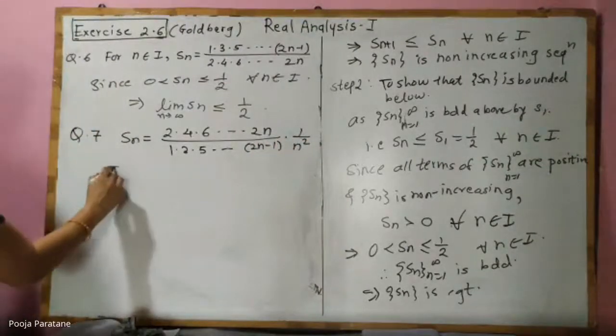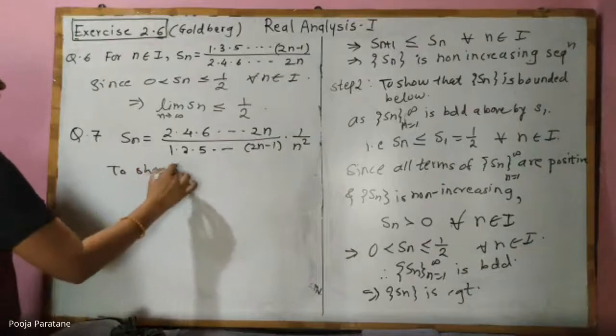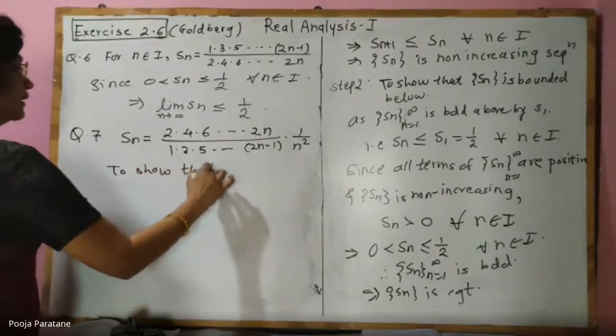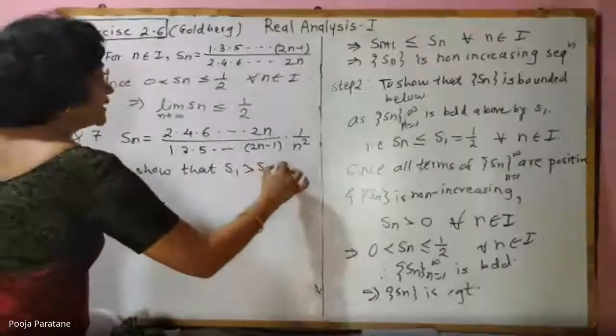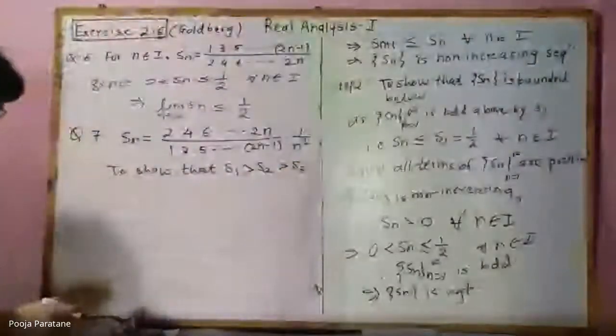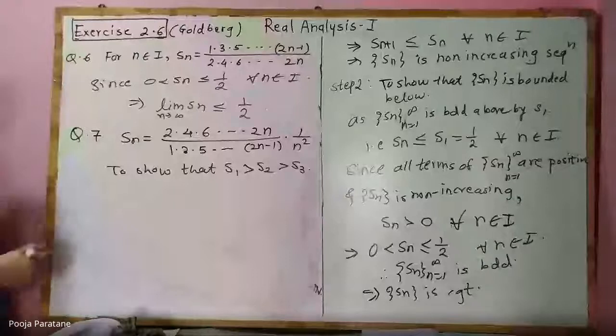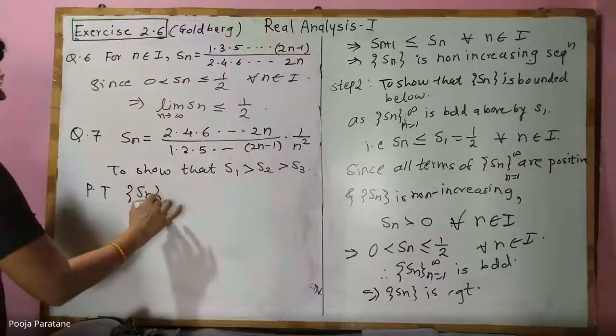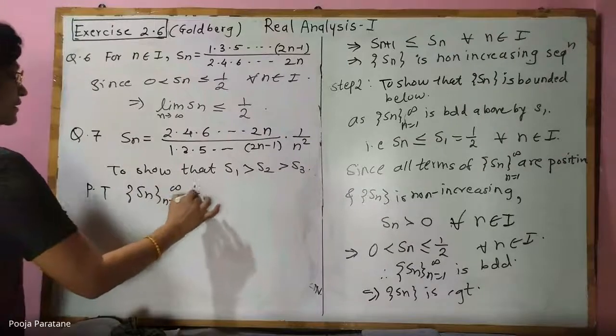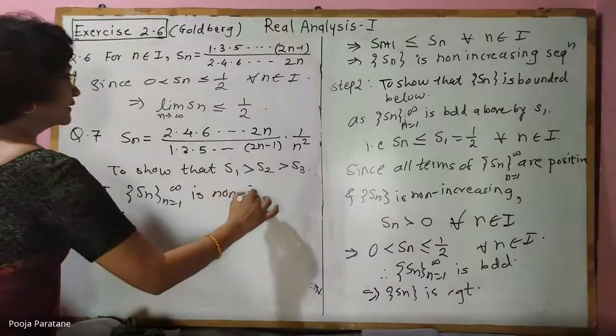We have to show that S1 is greater than S2 is greater than S3, only for these three terms, and we have to prove that the sequence Sn is non-increasing.